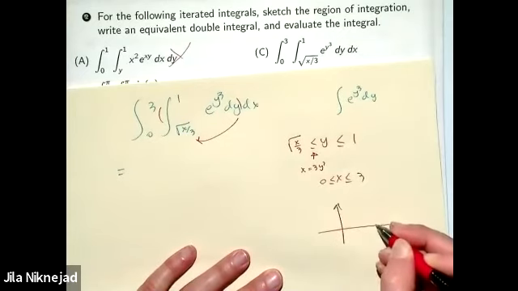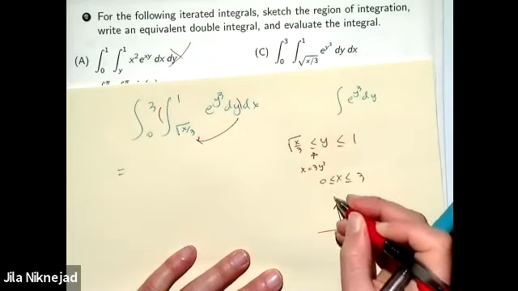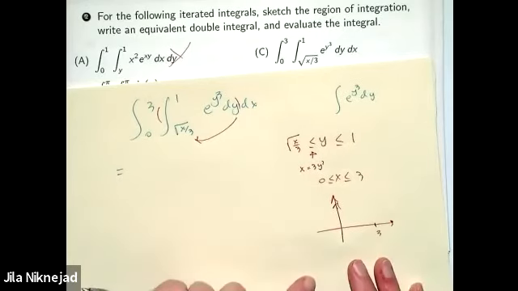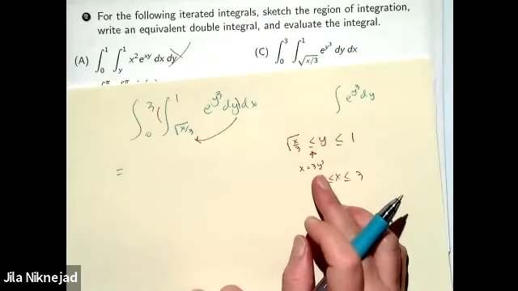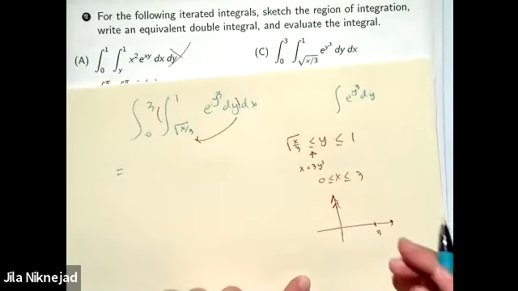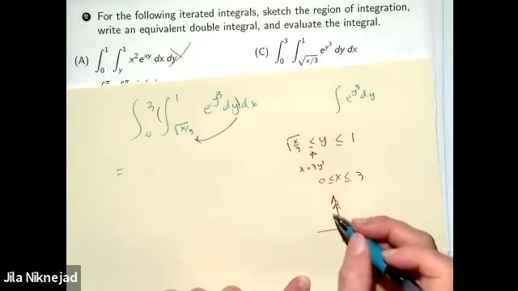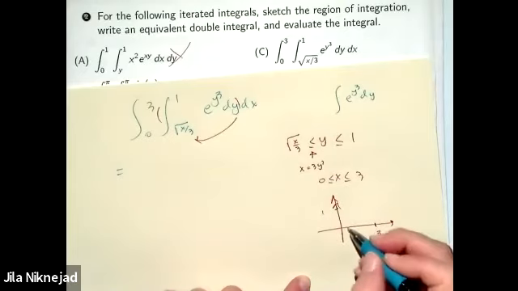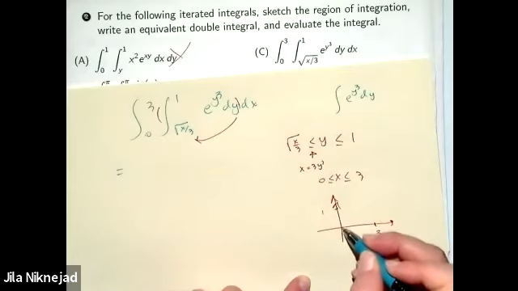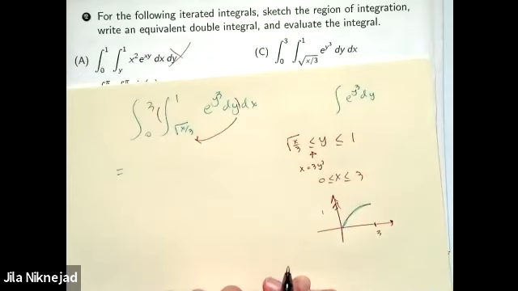So x, 0 and 3. Then x equal to 3y squared. Let's say y equal to 1 gives me x equal to 3, like that, right? Everybody fair with that?